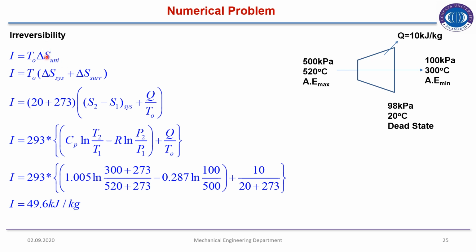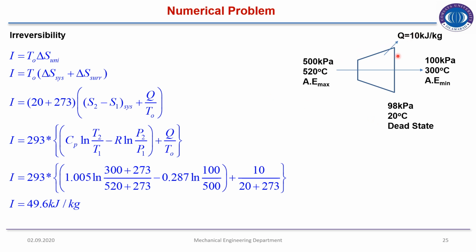Now for irreversibility, we have represented irreversibility with the capital I, which is equal to T naught delta S universe. So delta S universe is composed of system and surrounding. The system entropy change is S2 minus S1, and the surrounding is a thermal energy reservoir because it is the ambient and dead state.